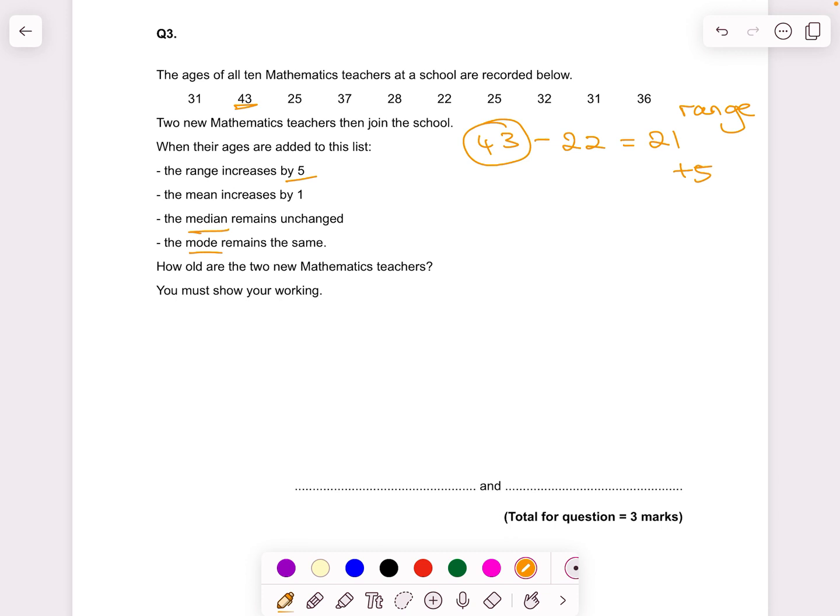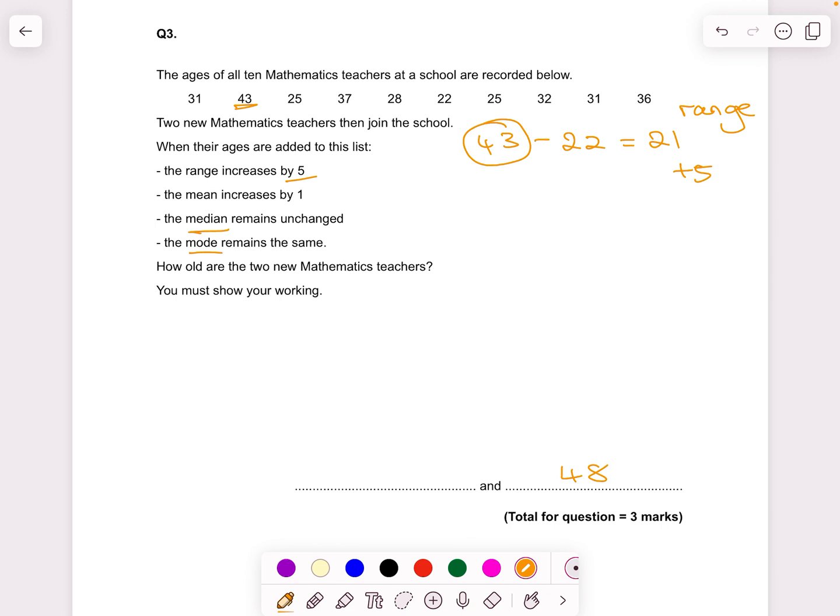I think, yeah, if we add 5 to the eldest person in order to increase the range, we could take away 5 from the youngest person to increase the range by 5, but I doubt we've got a 17-year-old maths teacher. So add 5, so one of the ages must be 48.